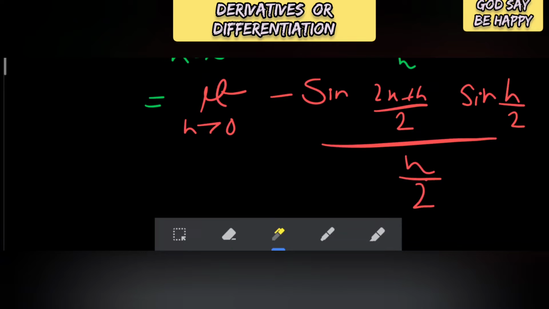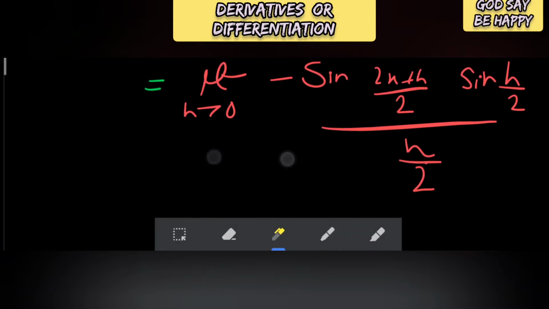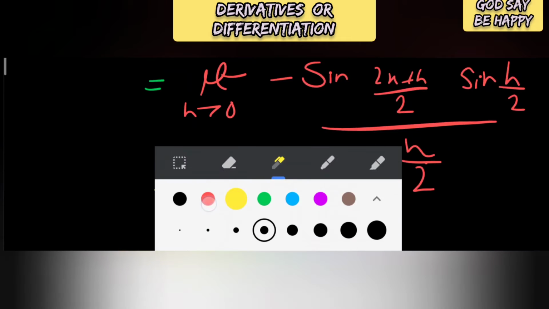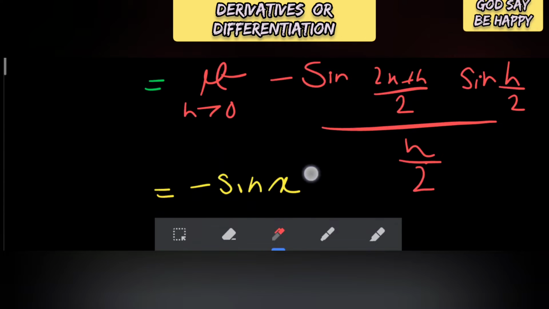So we get the derivative as minus sin x, as h will be 0 and 2x by 2 will be cancelled, and we are left with minus sin x as the derivative. So this was the derivative which we have proved through first principle method. Now there are certain derivatives that we should learn, like this one.